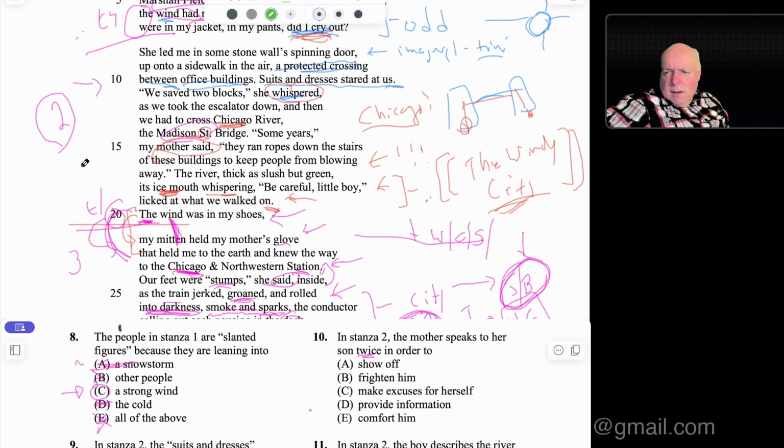Let's go green here. So the mother tells the kid, we saved 2 blocks. And the mother told the kid about the ropes. Okay, let's do this one better. Let's highlight it.